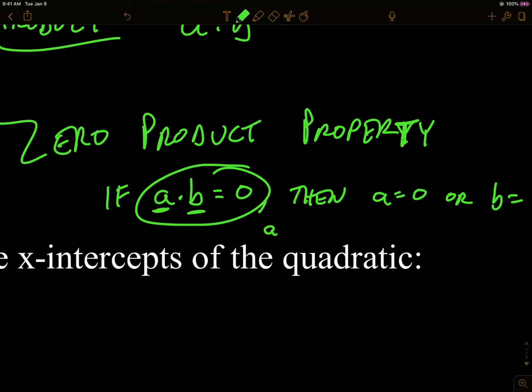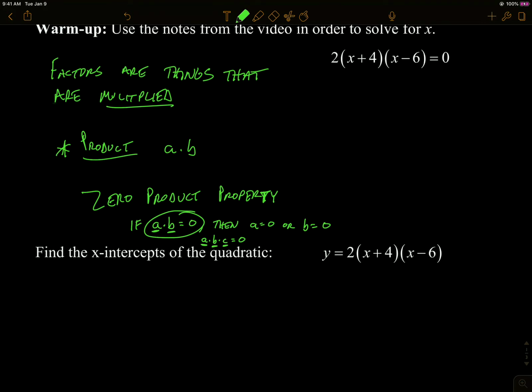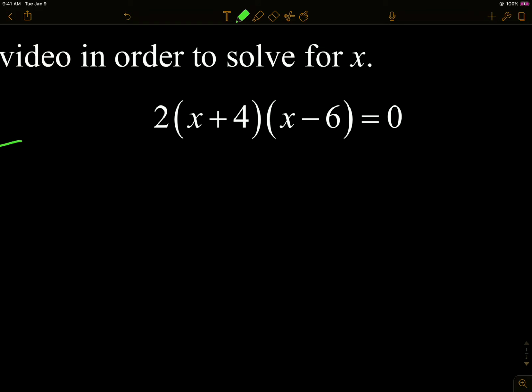If I had three products, then I have potentially three solutions: when A is 0, or when B is 0, or when C is 0. So here we've got a zero product property going on. Why is it product? Because this is multiplication between each thing. I've got my first factor, my second factor, and my third factor. When I multiply factors, we call it a product. So I have three potential solutions.